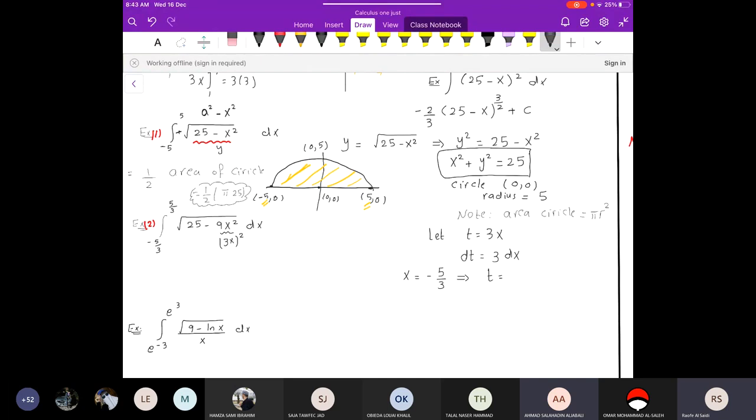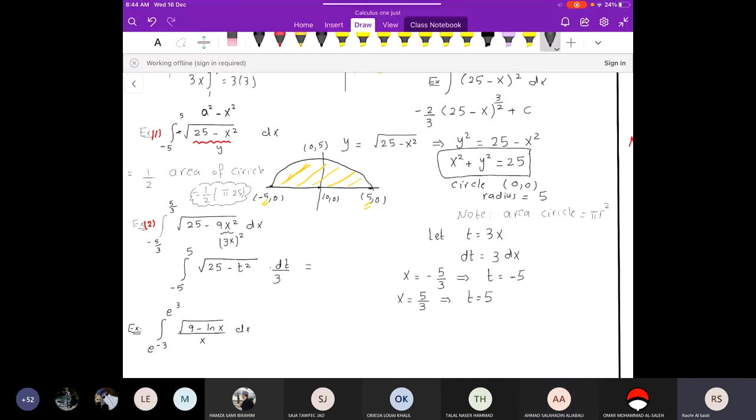Minus 5. Yes, minus 5. And when x equals 5 over 3, what is the value of t? Good. So the integral, the limits from minus 5 to 5, the square root of 25 minus t squared, and instead of dx, dt over 3.